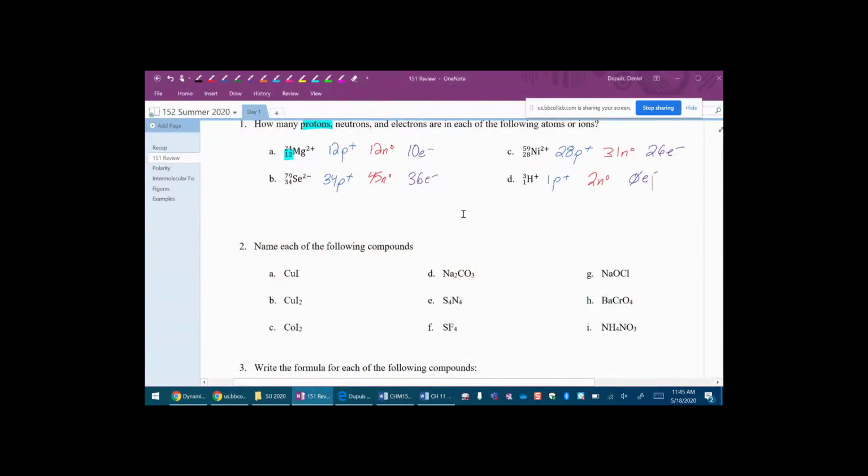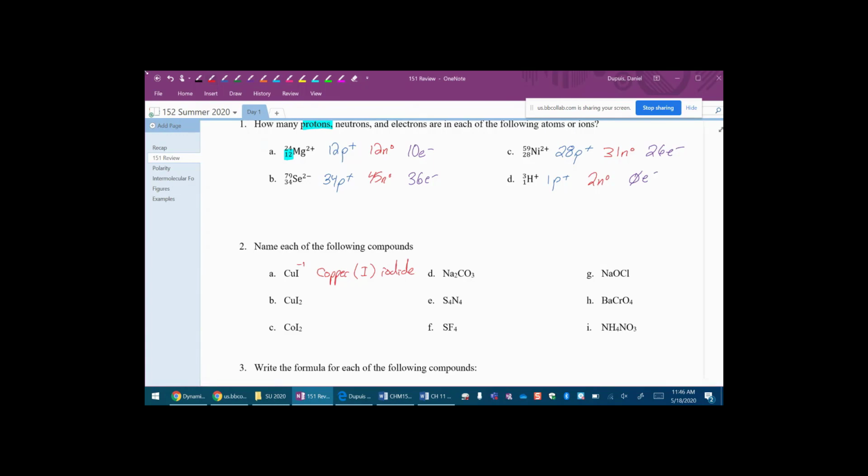So copper type of compound is, well, opposite side of the stairs, opposite parts of the table, it's far apart, it's ionic. I have a metal, copper. Copper needs a Roman numeral. So I know iodine is -1, right? Because nonmetals do not change. So A would be copper 1 iodine.